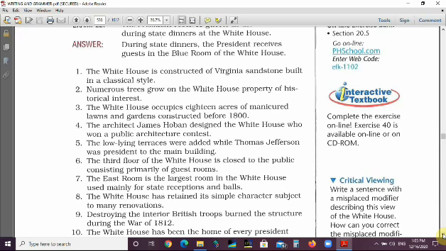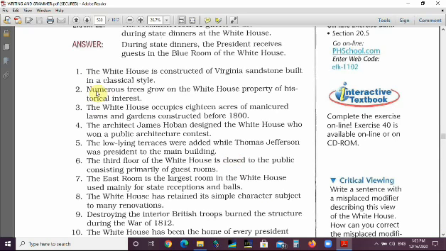But built in a classical style refers to the White House. So the sentence should be corrected like this: Built in a classical style, the White House is constructed of Virginia sandstone.